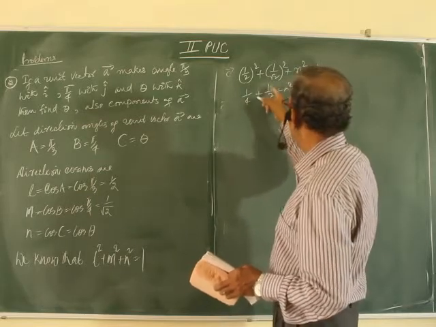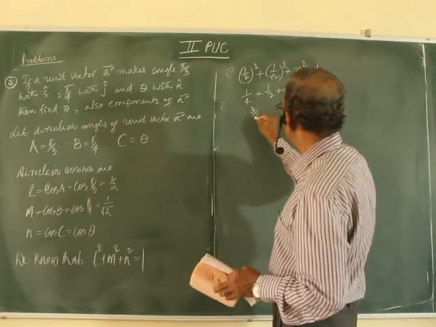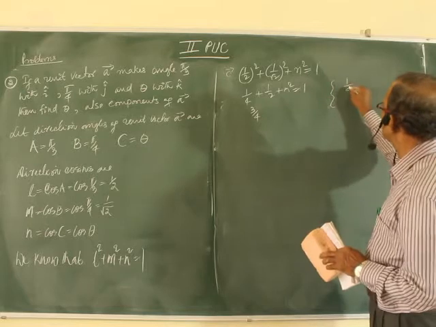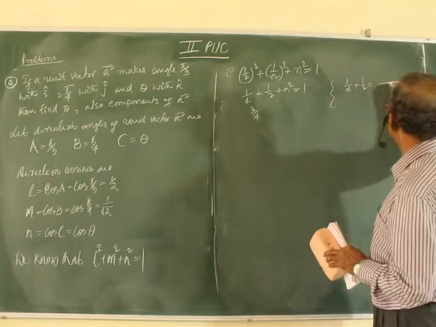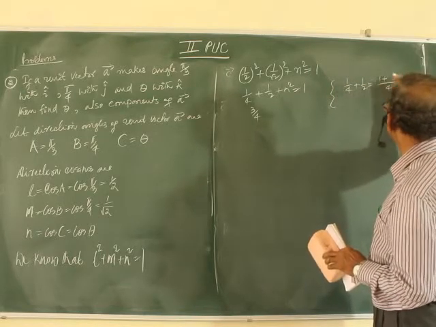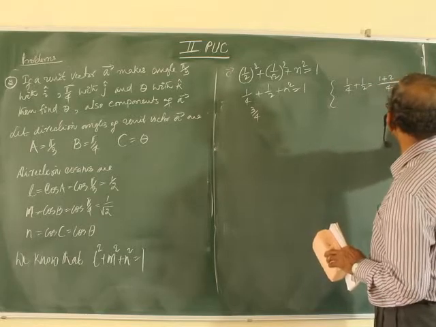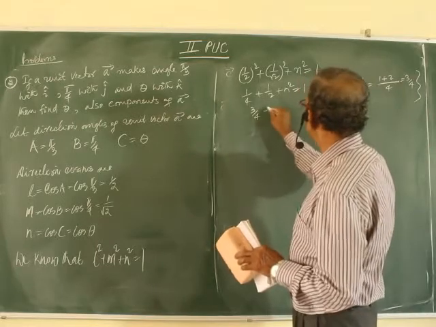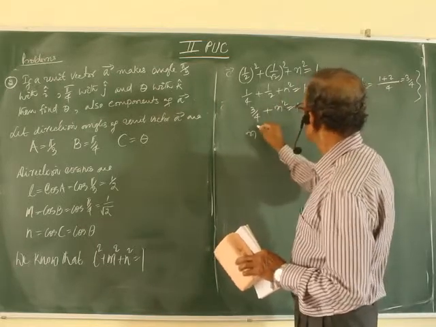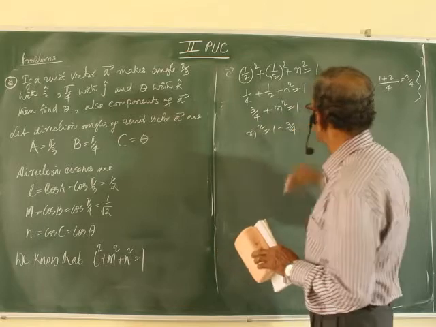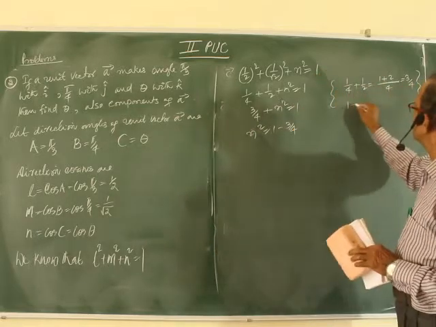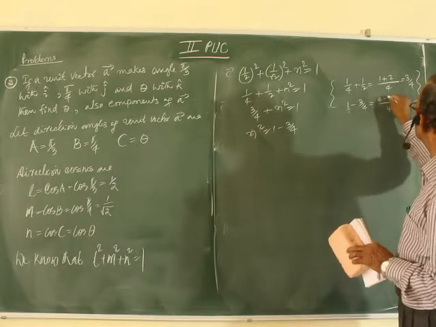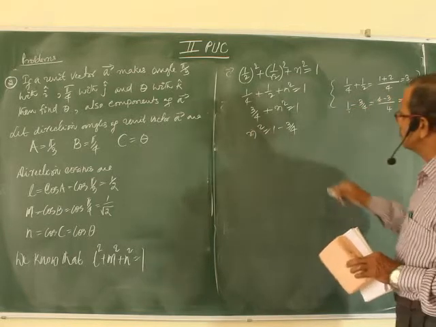Add these two, half and 1 by 4, 3 by 4. 1 plus 2, 3 by 4. Or N square equals 1 minus 3 by 4. 4 minus 3, 1 by 4.